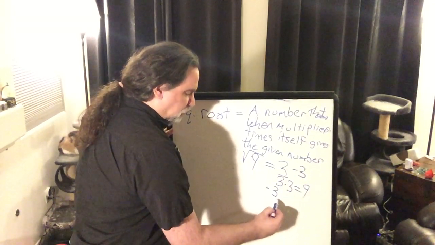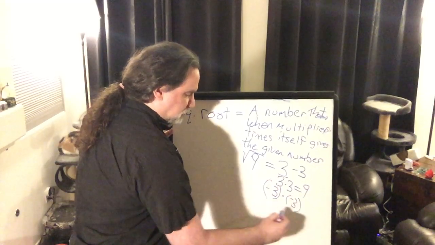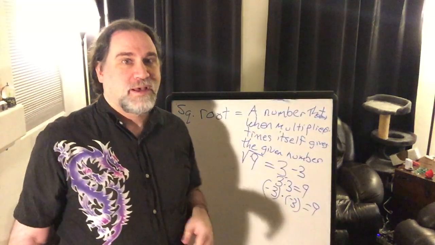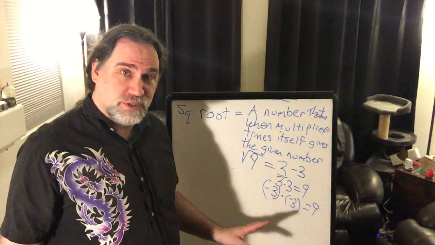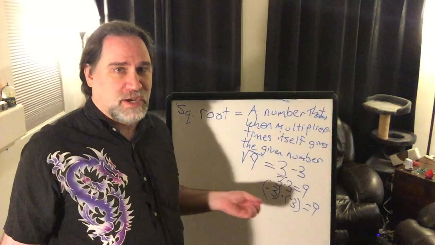So negative 3 times negative 3, put a little parentheses around these for a second, also gives us positive 9. So those are both square roots of the number 9.